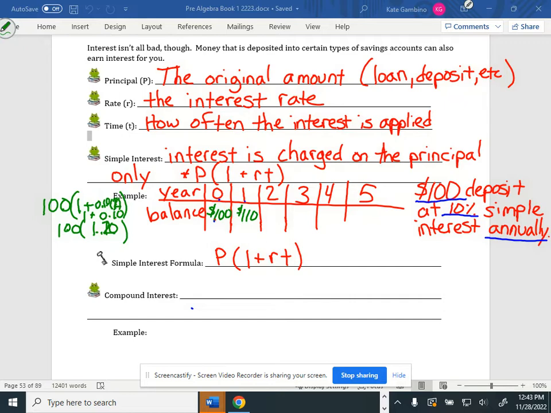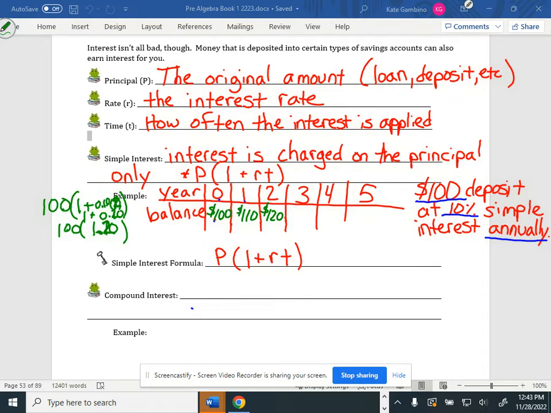So I'm using the same formula, but I had to change what my time was. Instead of being 1 year, now it's 2 years. So for my time, I had to change that to the 2. So it becomes 1.2. So 0.10 times the 2 gave me 0.2. And then we multiply that 1.2 times 100, and we get 120.